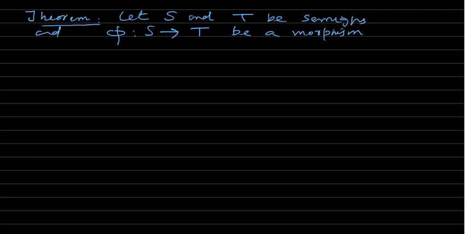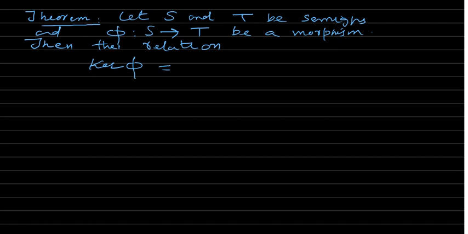Then the relation which we call the kernel of the map.